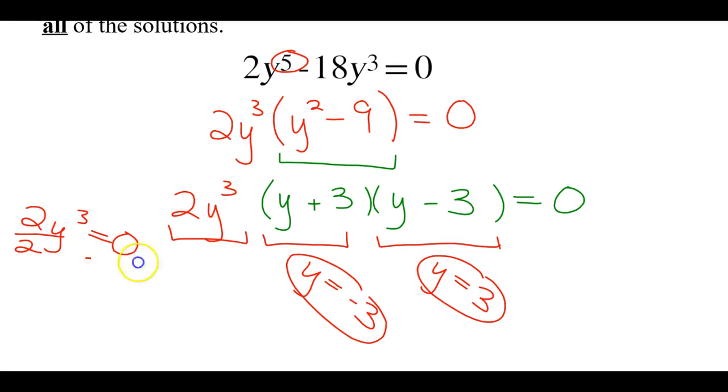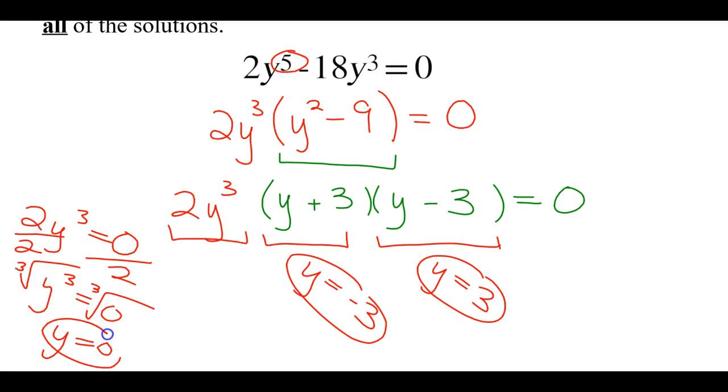So divide by 2, 0 divided by anything is 0. Now technically, how do I undo a cube? Cube root. You cube root it, but what's the cube root of 0? 0. Yeah, but we still do get an answer out of this. We get y equals 0. So how many answers did we get here? 3.